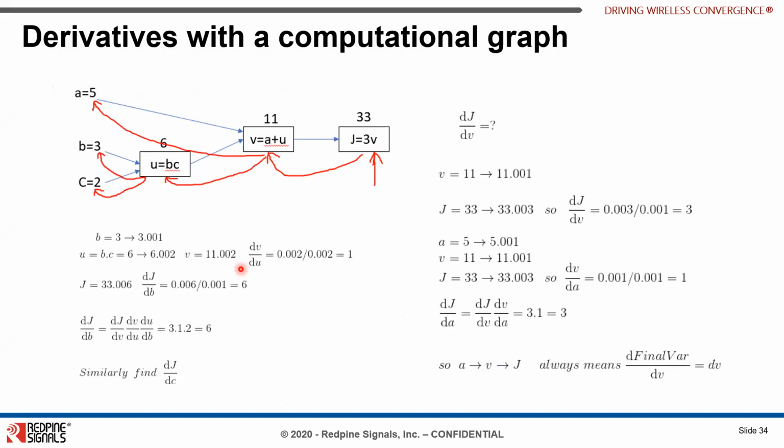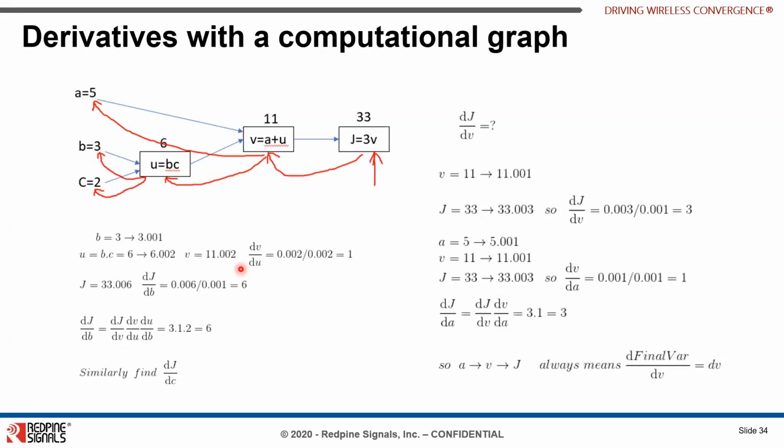Here, how did we get 0.002 by 0.002, derivative of v by derivative of u? From where did the digit come? I didn't understand, sir. Coming to the fourth line also, dj by dv equals 3. From where did we get dj by dv equals 3?